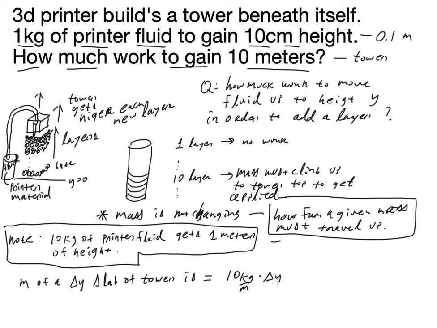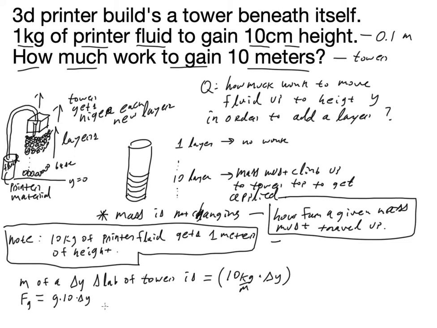Times delta y, how tall. So that's the mass, and that means the force, or I shouldn't say the force, I guess the force of gravity then is going to be, of course, g times that mass, times 10 times delta y, right?